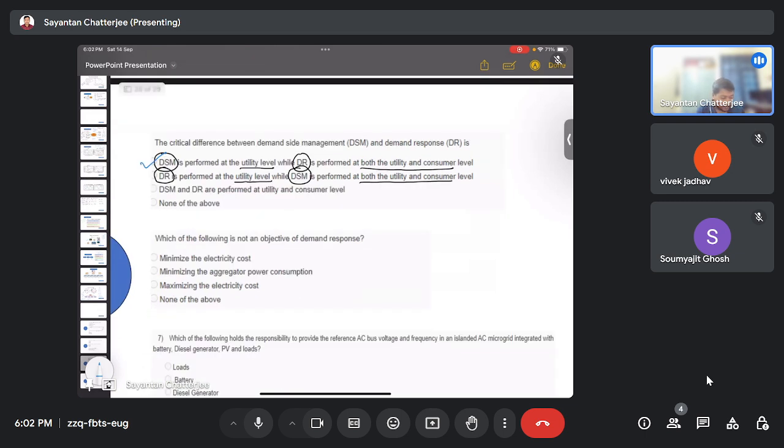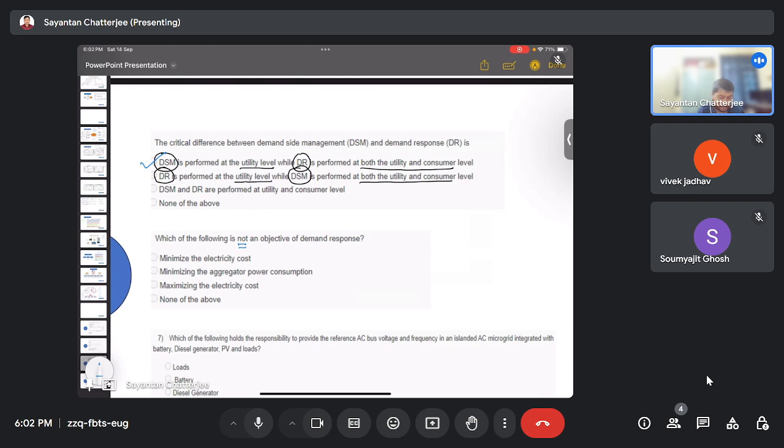Which one of the following is not an objective of demand response? Minimize electricity cost, minimizing aggregator power consumption, maximizing the electricity cost, and none of the above.